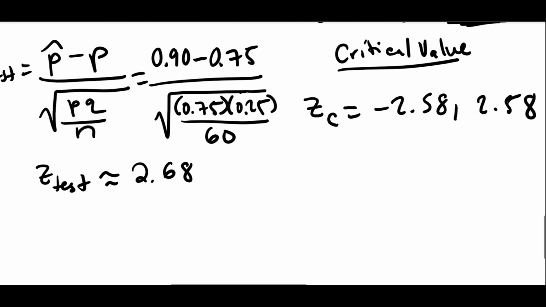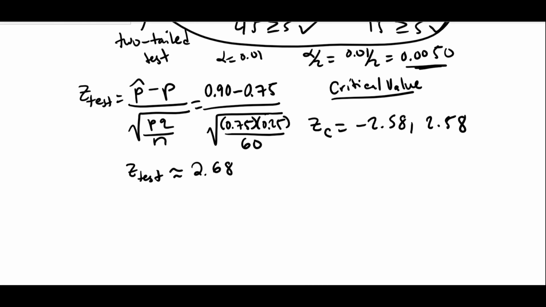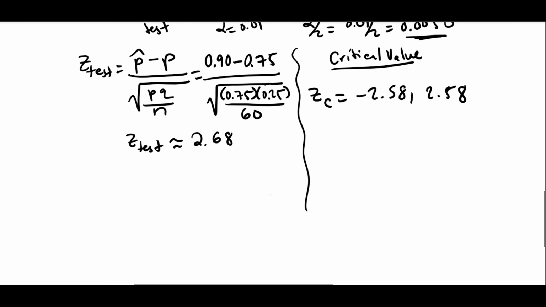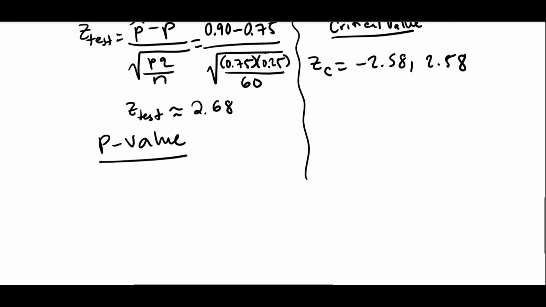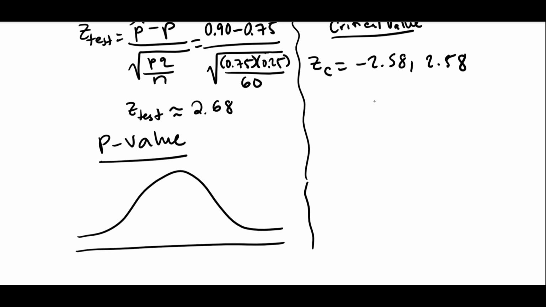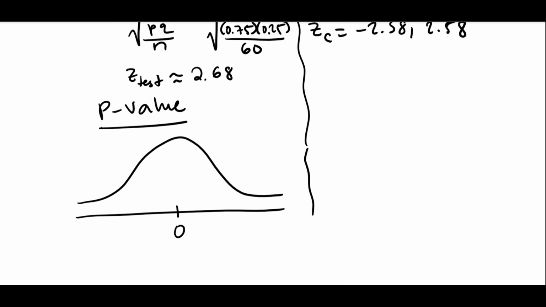So now we're going to show you the p-value versus the critical value. So this is the critical value method on the right-hand side. P-value is going to be down here. So for the p-value method, we go ahead and label our z-test there, which is 2.68 around here.